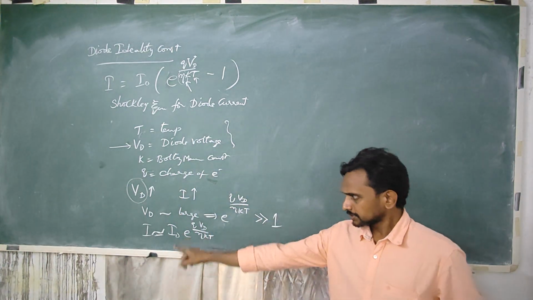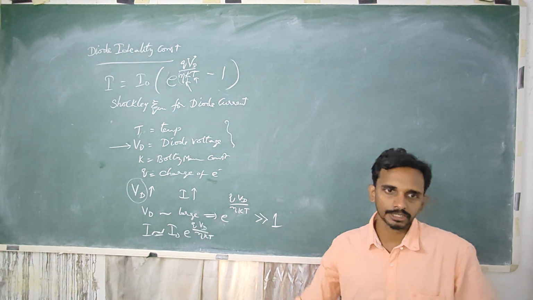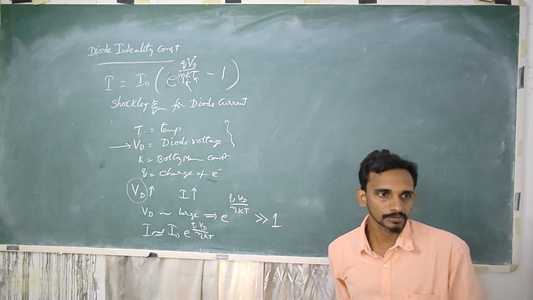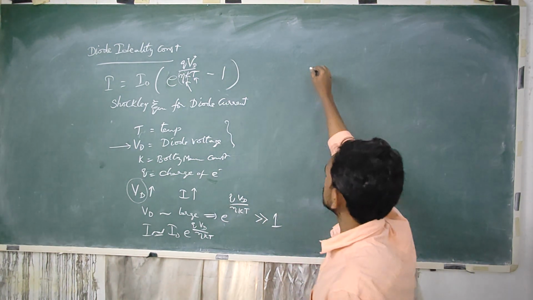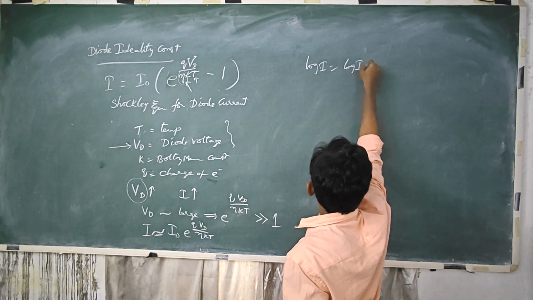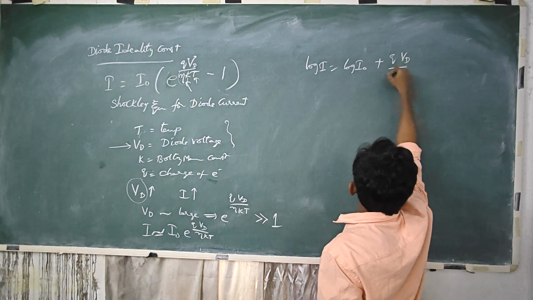So I'm taking that assumption just to ensure I have exponentials and multiplications. I mean, I try to avoid that subtraction part. So if I take logarithm on both sides, what do I get? So log I is equal to log I naught plus qVd by eta kT.